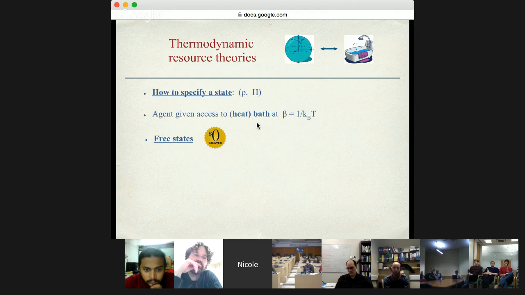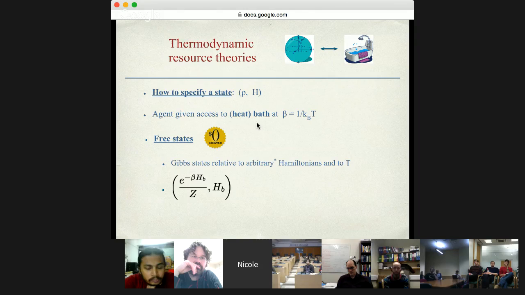We said that every resource theory is associated with free states. We assume that the agent can draw for free from the bath any Gibbs state relative to that special inverse temperature beta. So the agent can dream up some Hamiltonian and create this state for free. It's just an approximation, a simplifying assumption. There's a star here because we usually assume that the Hamiltonian has a discrete bounded spectrum for mathematical simplicity.